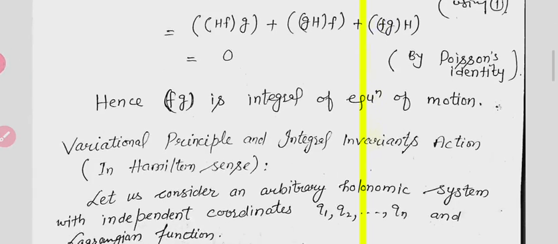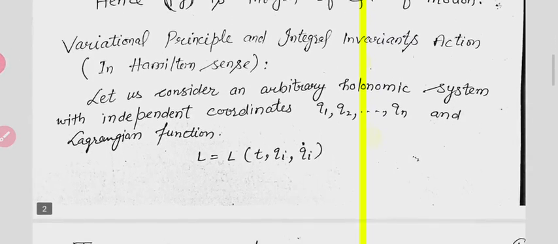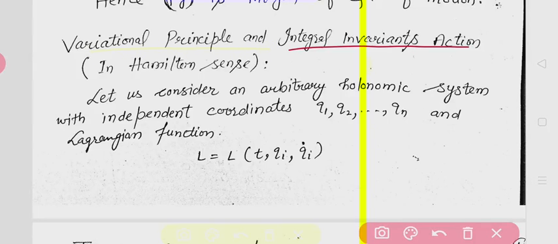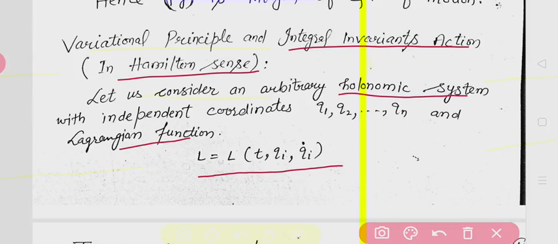Now the next definition is integral invariant action, in the Hamilton sense. So let us consider a holonomic system with Lagrangian function L as a function of t, qi and qi dot, where i is varying from 1 to n, right?